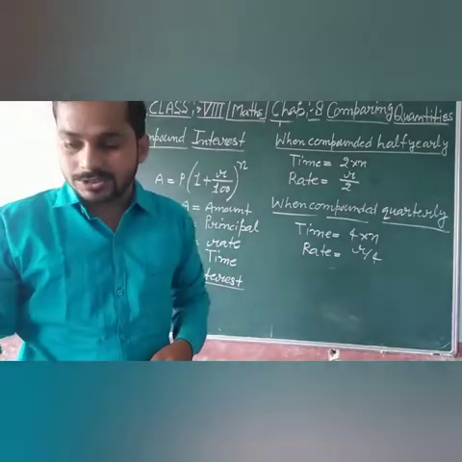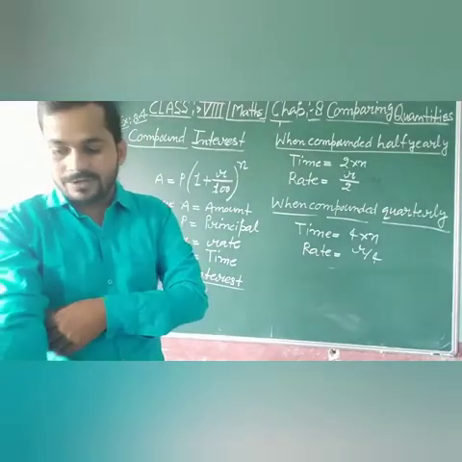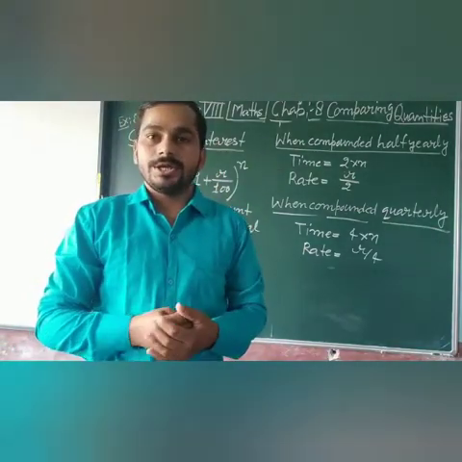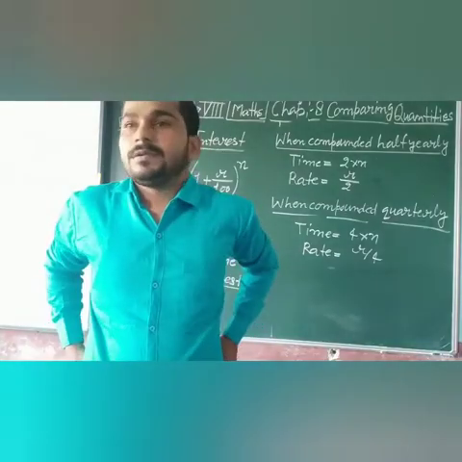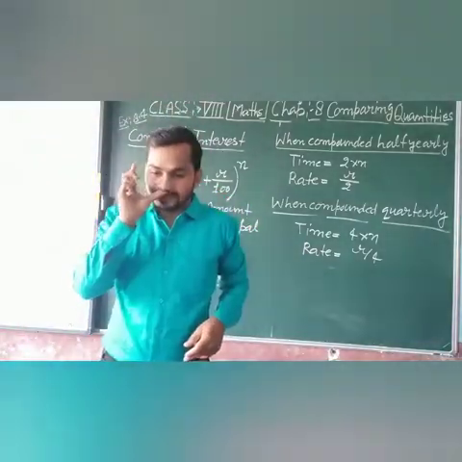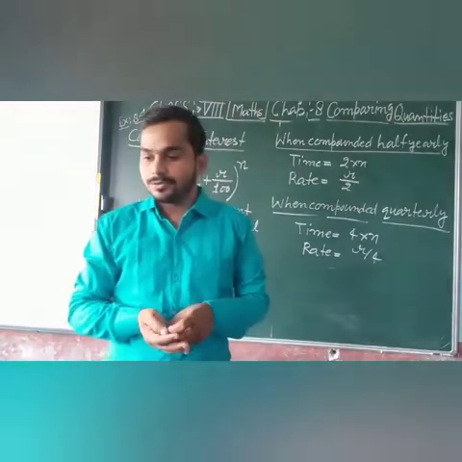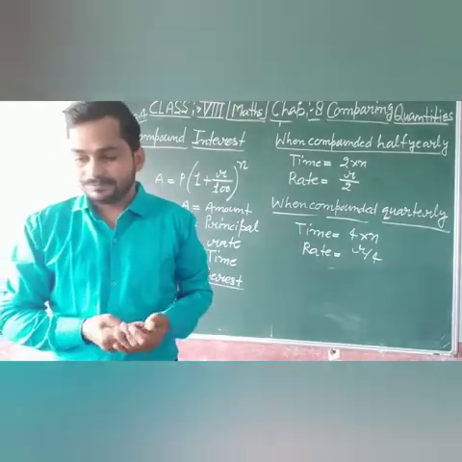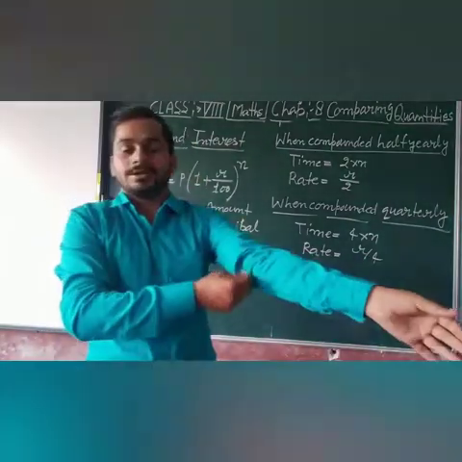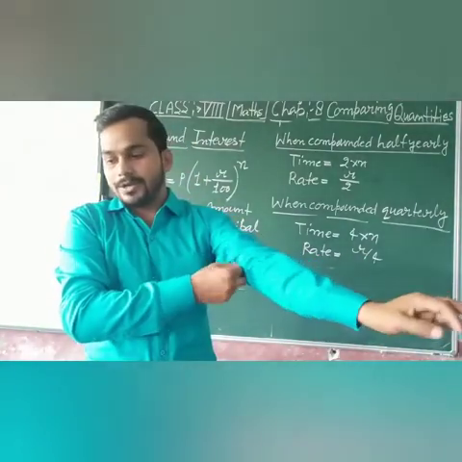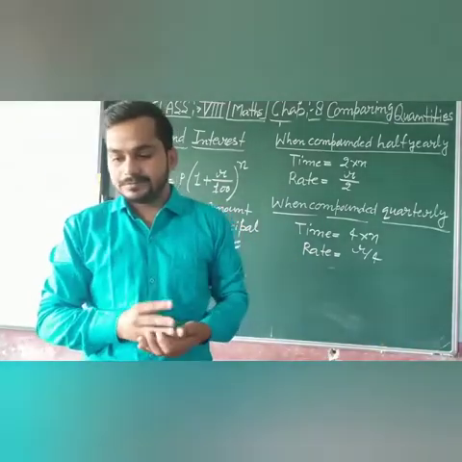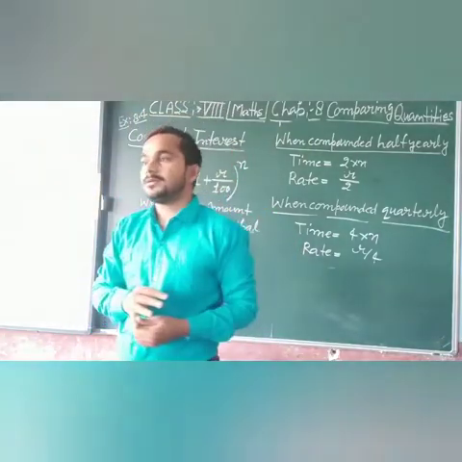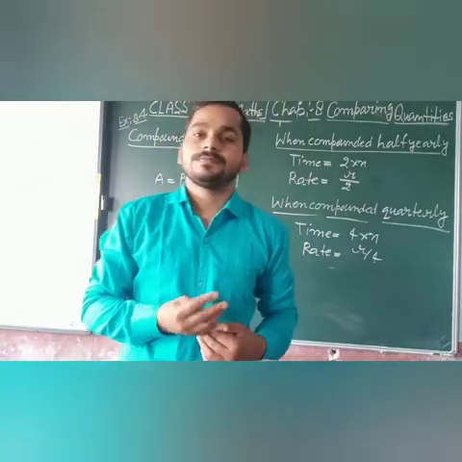In the previous classes, we have learned about simple interest, SI equals PRT upon 100, where P is the principal, that is the original principal, R is the rate of interest, and T is time, and amount equals the sum of principal plus interest.